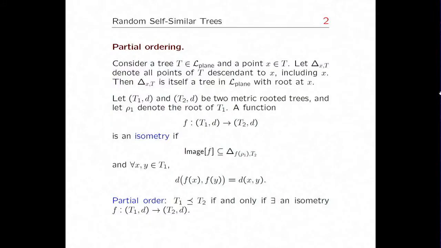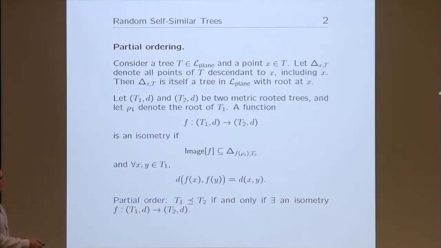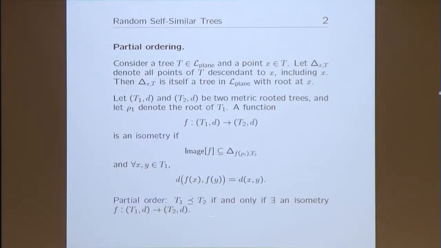One more notation: delta x T. Take any point x on the tree, and delta x T consists of all the points on the tree above x, a subtree where you make x into the new root. With this, we have a partial ordering. When do we say that T1 is smaller than or equal to T2?